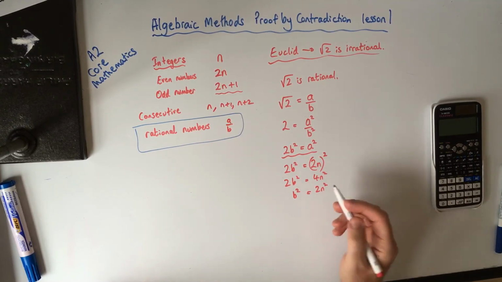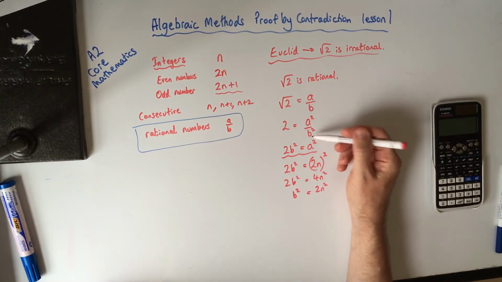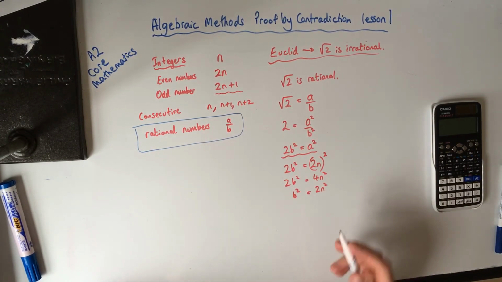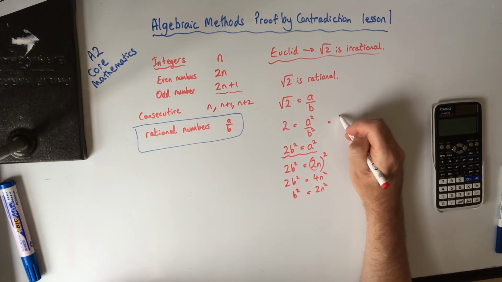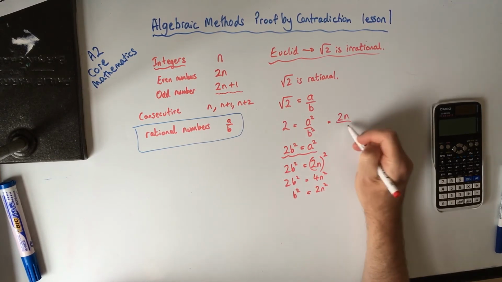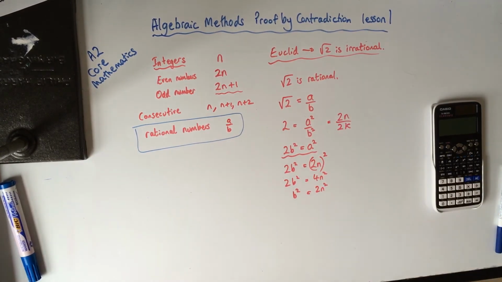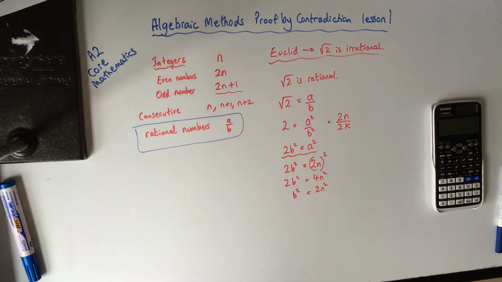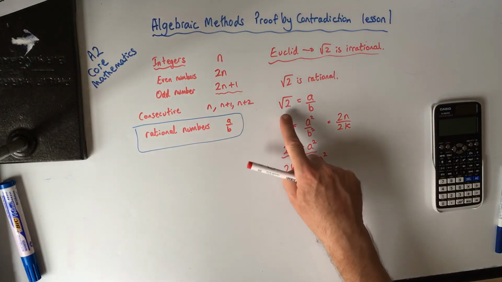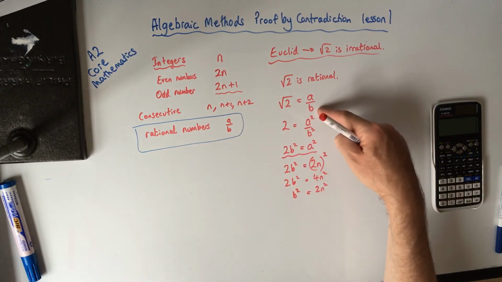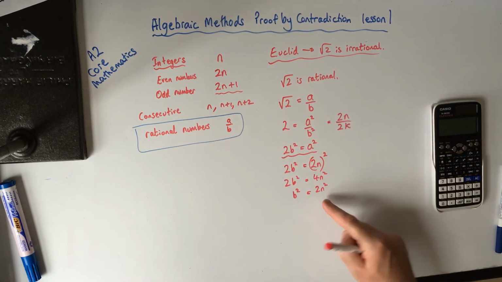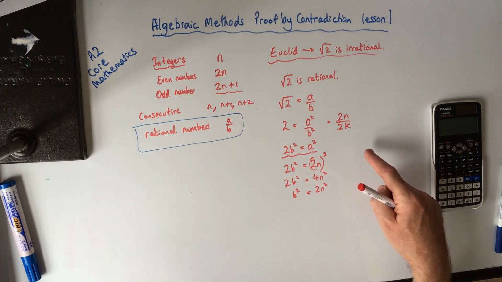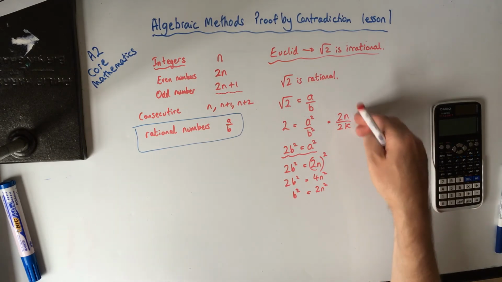So now we've just shown that a and b must both be even numbers. If we use different letters, we can say 2n for that, but we'll use k for that, so 2k, so we're not using the same letter here. By saying that root 2 is equal to a over b and following this path, we can show that they must both be even numbers.